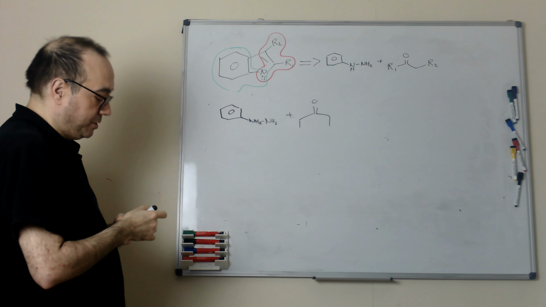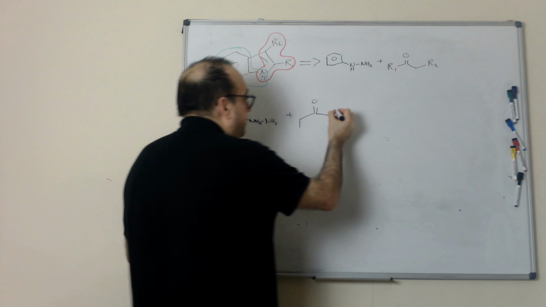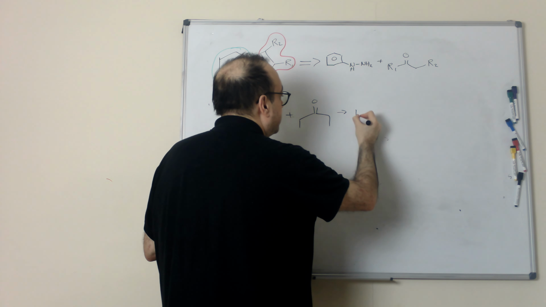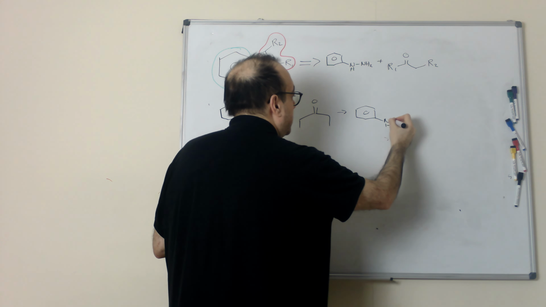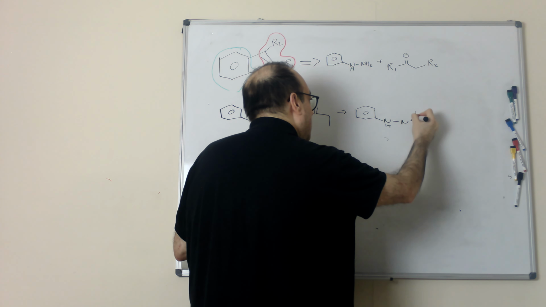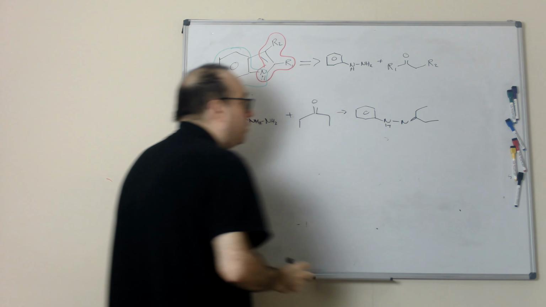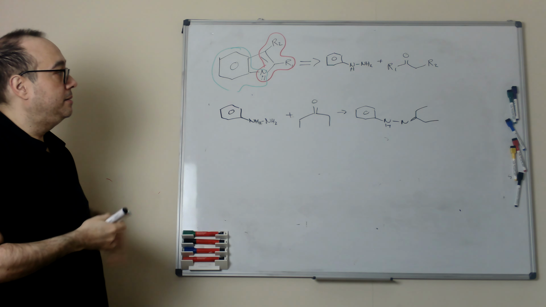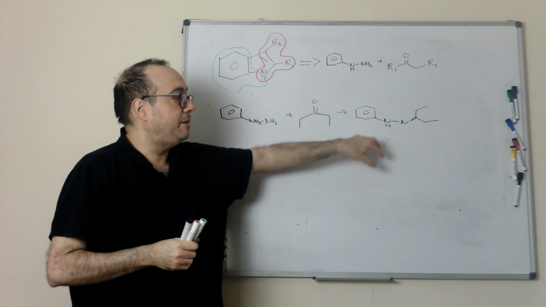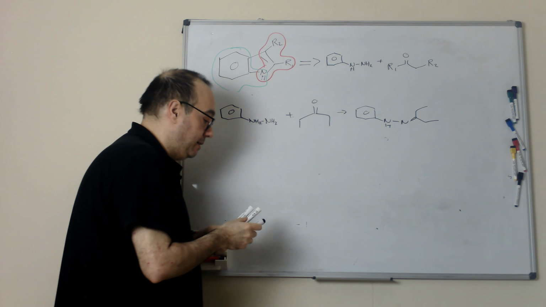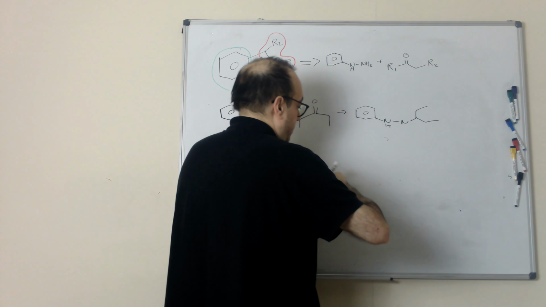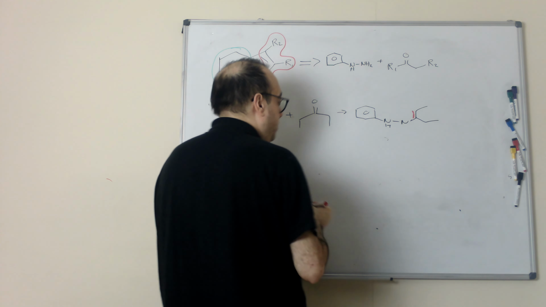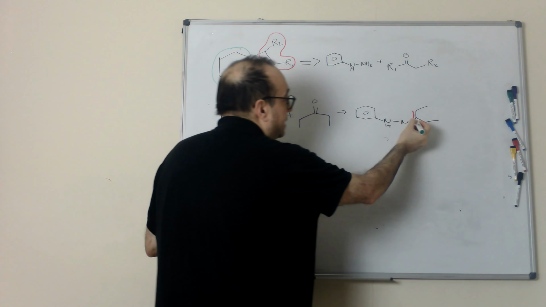Remember we formed the imine. We form this imine, this is the key intermediate, and then we form the enamine. And in this case, we can form the enamine on this side, which I will put in red, or on this side, which I will put in green.